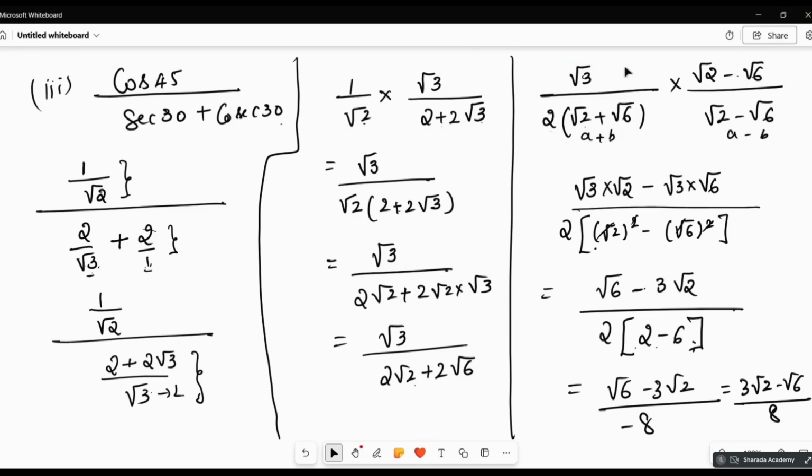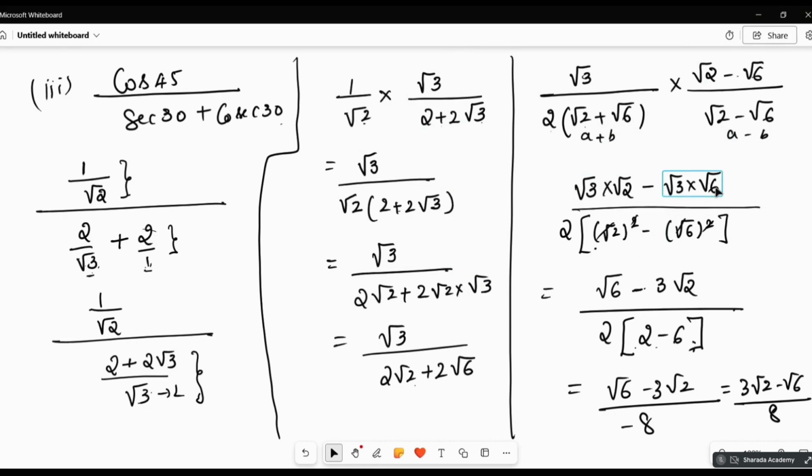Now root 3 into this whole thing. That is root 3 into root 2 here minus root 3 into root 6, divided by 2 into, this is like a plus b into a minus b, that is a square minus b square. Okay, so root 2 square minus root 6 square. Square and root I can cancel here also. And now in the next step, root 3 into root 2 is root 6 minus, here root 6 is there.